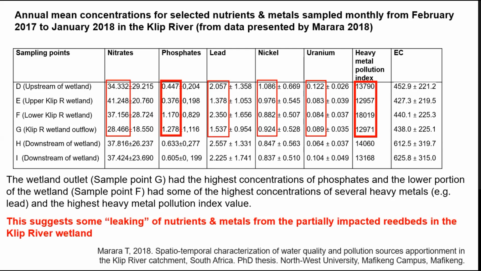So in trying to answer that question, I've been drawing here on a PhD thesis from Marara, 2018.